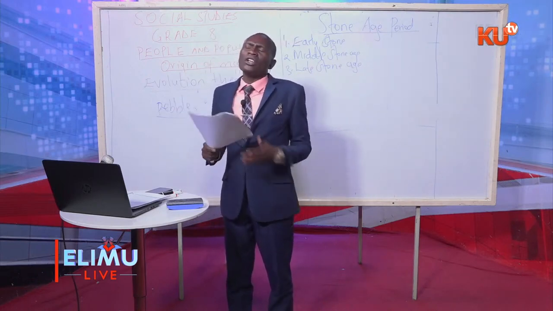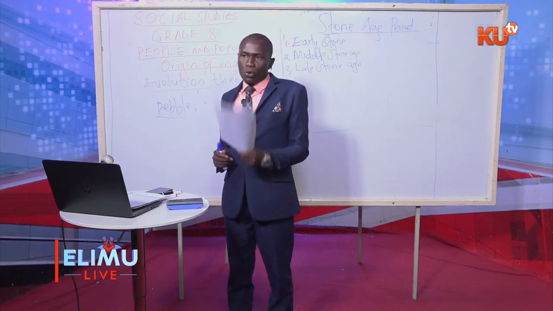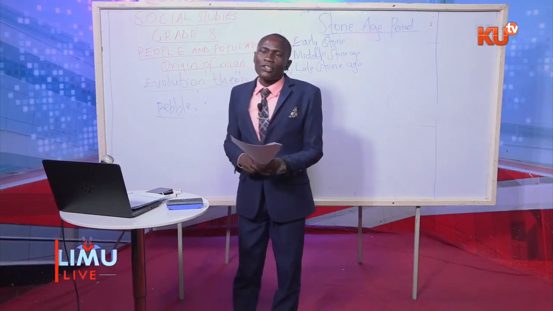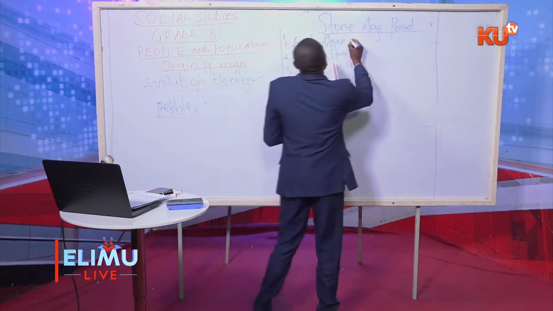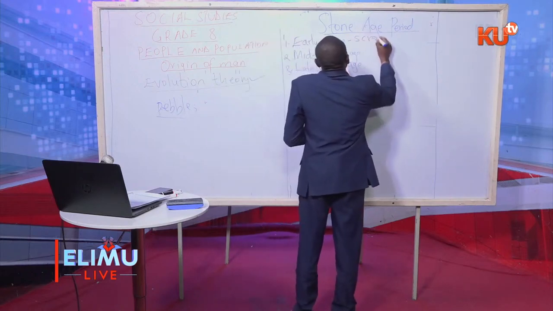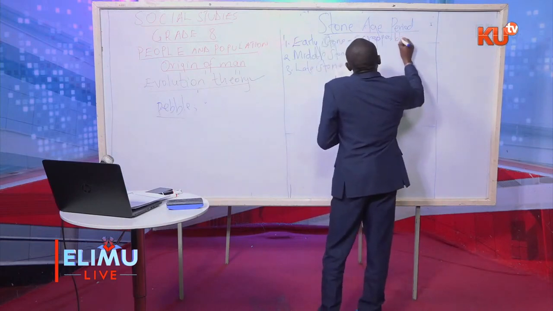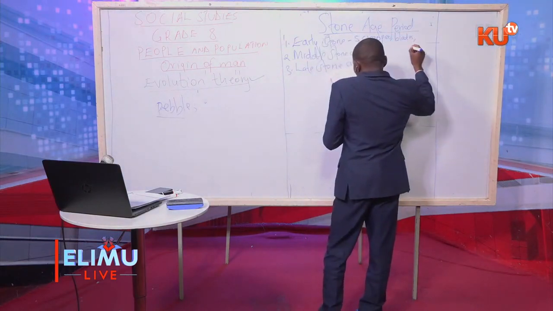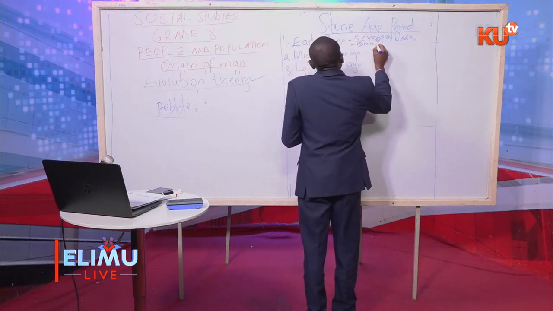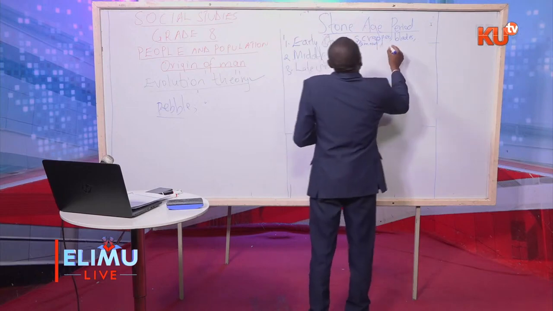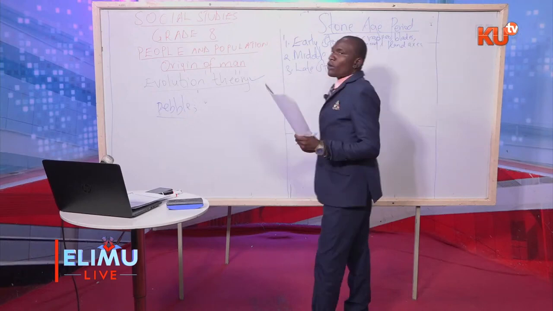Also during this stage, human beings made simple tools, and these tools include: one, we have scrapers, we have blades, we have hammerstones, and lastly we have hand axes.